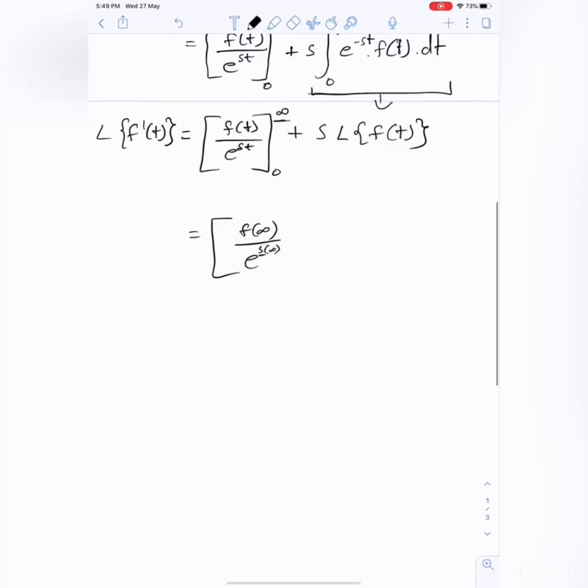So the denominator would be a very large number. No matter what f(infinity) is, this entire term would tend to 0. So I can just equate that to 0 minus the function evaluated at 0, because 0 is the lower limit, over e^(s times 0).